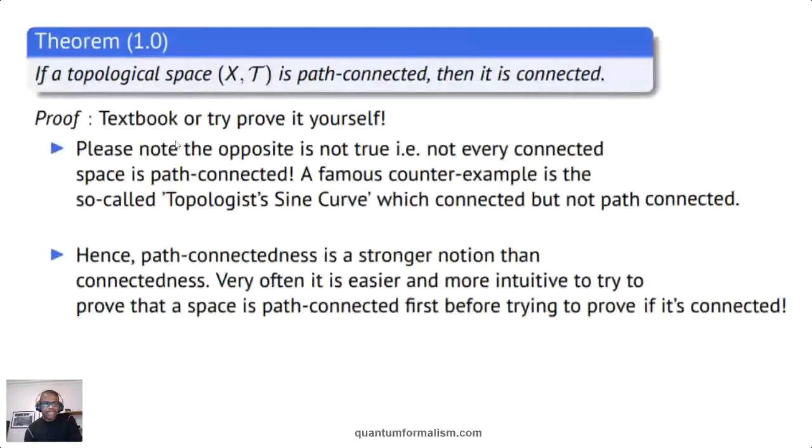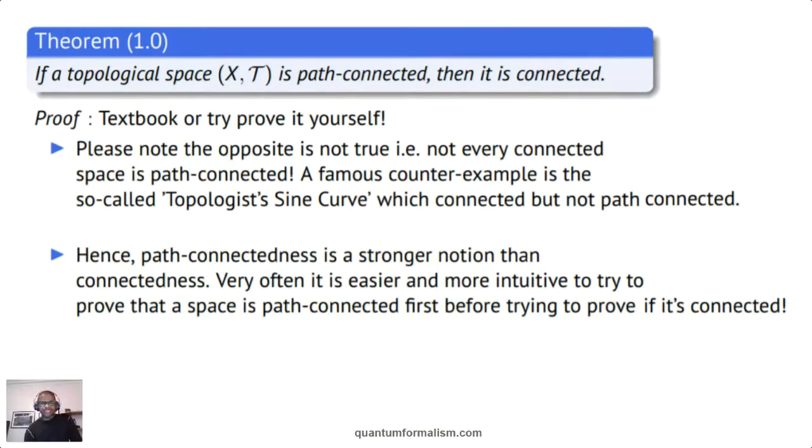So as you can see, if a topological space is path connected, then it is connected. This is very handy. If you can figure out that a space is path connected, intuitively, and for a lot of spaces, especially the ones that you can draw, it's very easy to see that it's path connected, then it immediately follows that it's connected also.